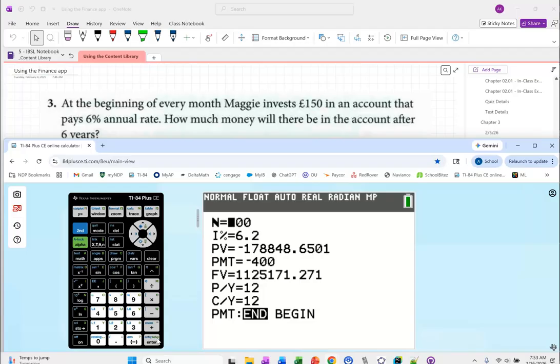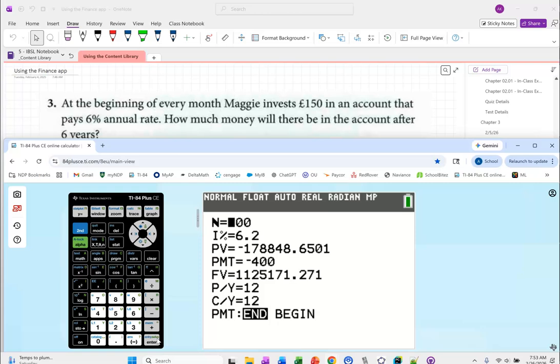PV is the present value, that's the initial amount invested. PMT is the payment, so if you're making a regular investment or paying off a loan, that's a payment. FV is the future value, so that's what will happen in the future. P/Y is the number of payments per year. And C/Y is the number of compounds per year.